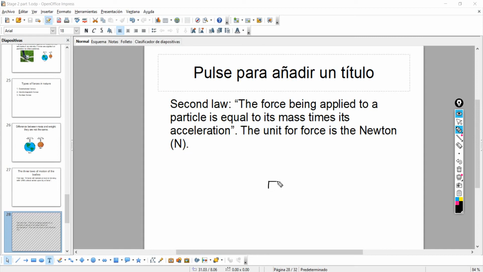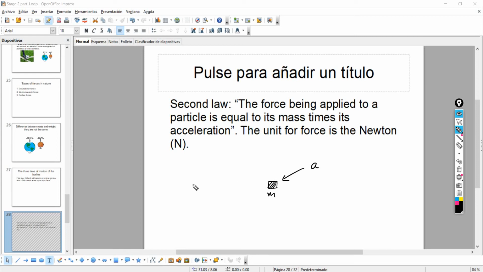So suppose this, guys, you have a particle, again, you have a little box, and you observe that this particle is moving with an acceleration a, and you also know that the mass of this object is m. This second law tells us that we can actually measure the force being applied to this object, and there should be a force, right?